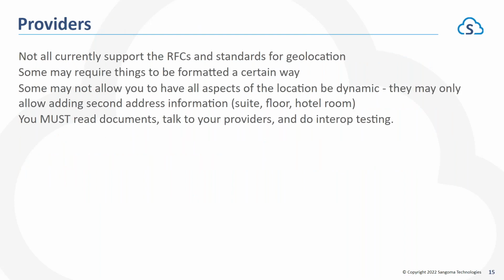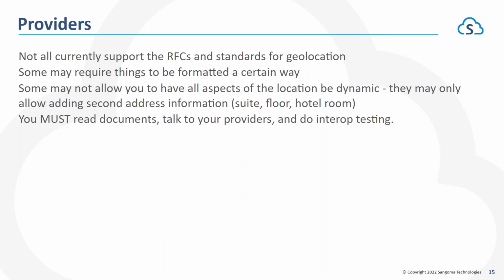So providers, none of this really works if providers don't implement and support it. To that end, not all currently support the RFCs and standards for geolocation, and some of them even may want things formatted in a certain way that may differ from another provider. Some also may not allow you to have all aspects of the location be dynamic.